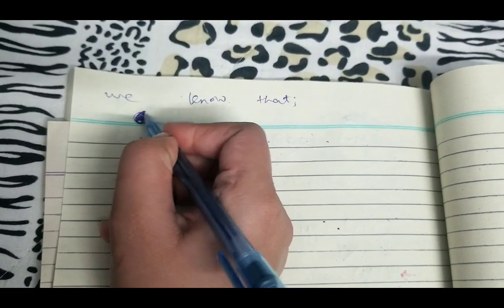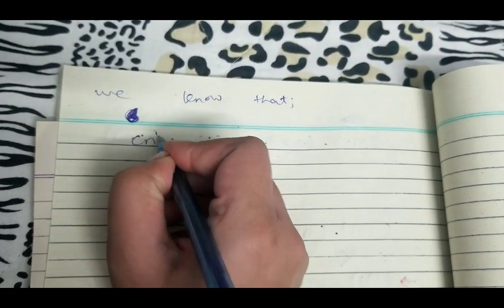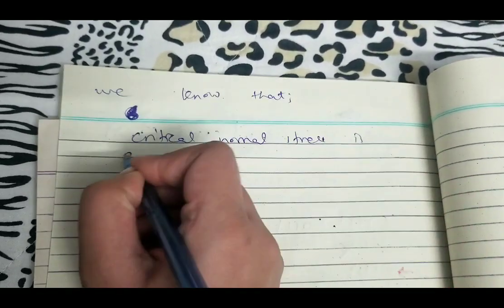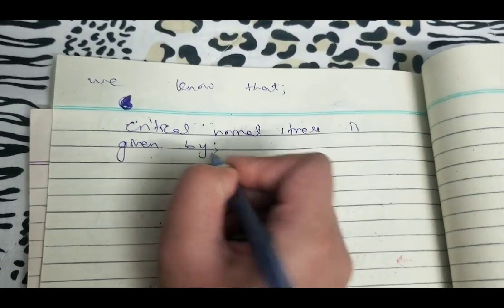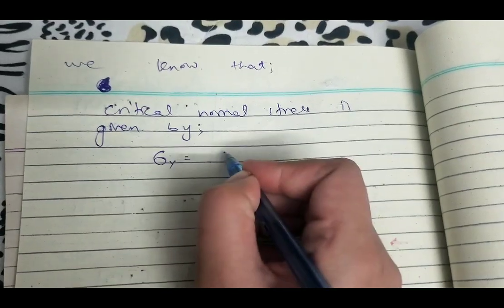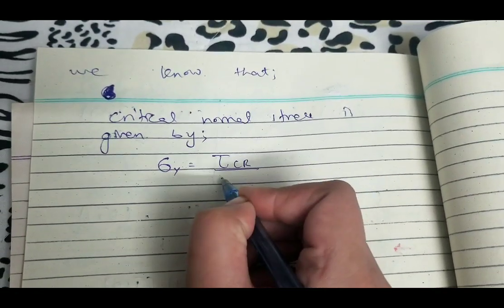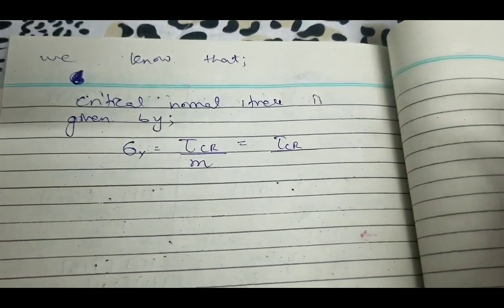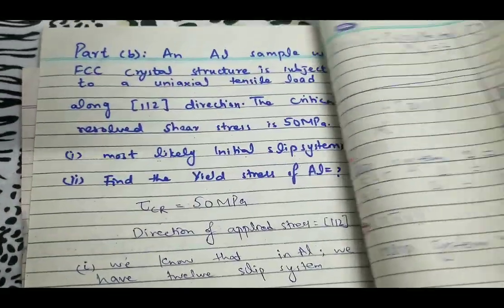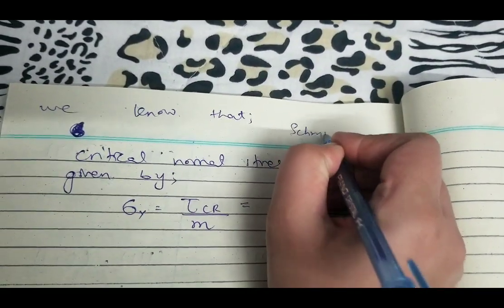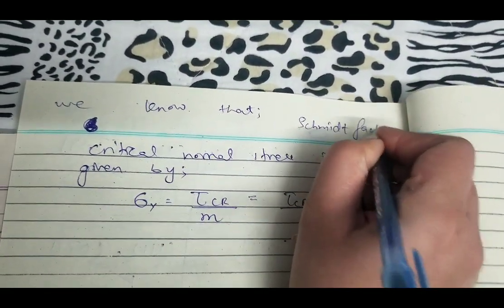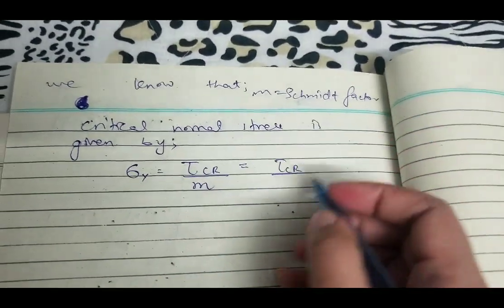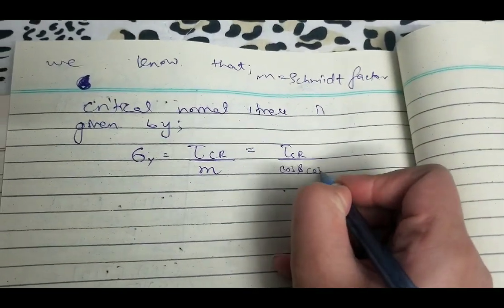We know that the critical normal stress is given by sigma y equals tau CR by m, where m is the Schmidt factor, and it is cos phi into cos theta.